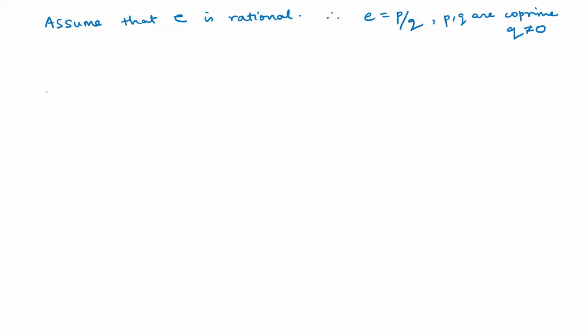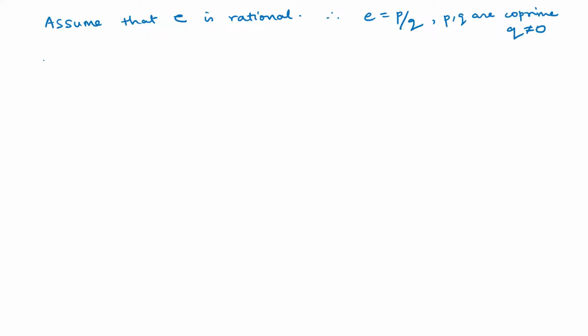assume that e is rational. What that means is that therefore e is equal to p by q, where p, q are coprime, and q is not equal to 0, right? That's what it means. So let us substitute this value of e back into the earlier expression which we had.